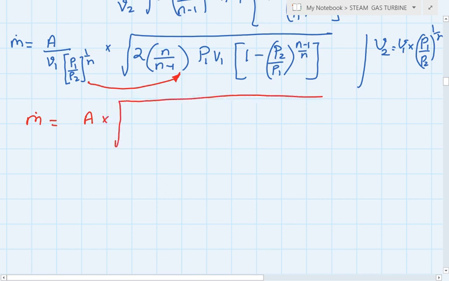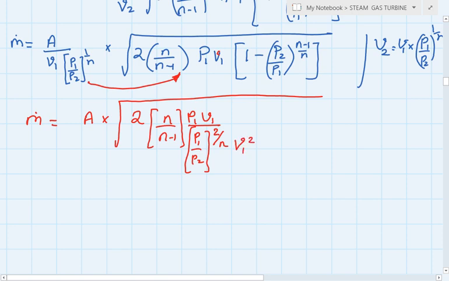A into square root of 2n divided by n minus 1, P1 V1 divided by V1 P1 P2 to the power of, if I take it inside the square root, it will be square of n, P1 square, 1 minus.